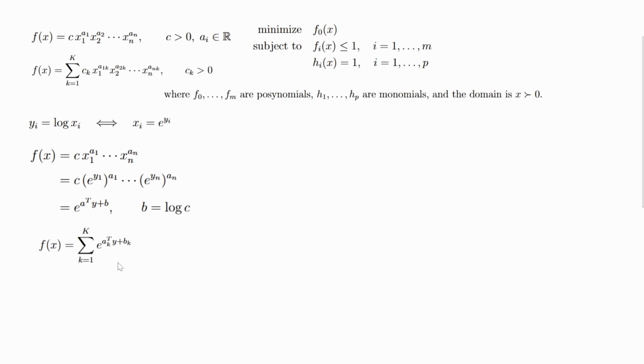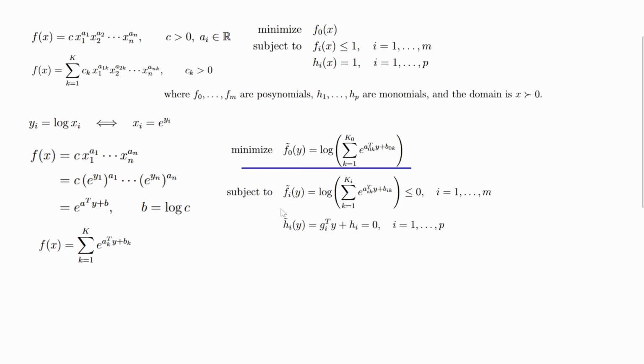Now let's look at the polynomial, which is the sum of monomials. It's the same idea, just take the sum. So this is a sum of exponentials of affine functions. You've probably seen this before: it's related to the log-sum-exp function, and like before, that's still convex. After taking this change of variables, if we also take the log of the objective and the constraint functions, the geometric problem becomes like this.